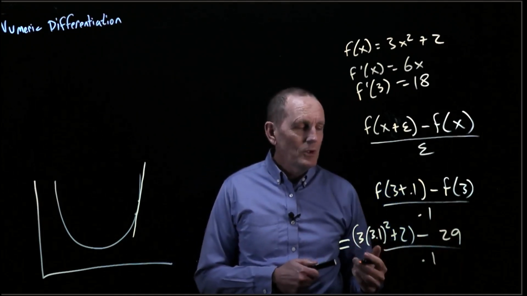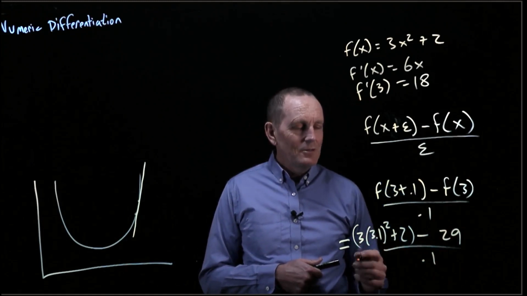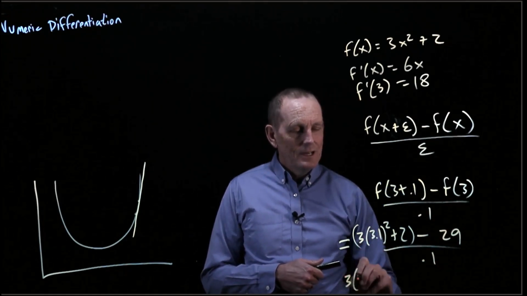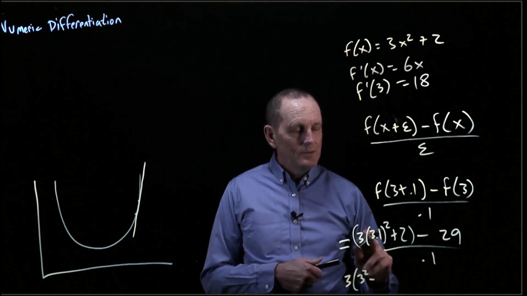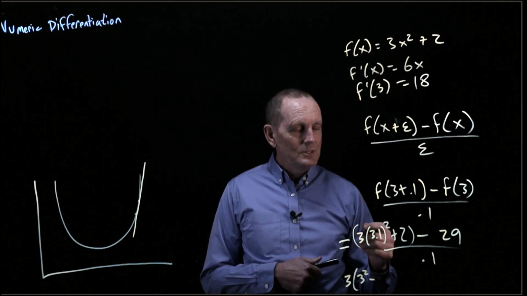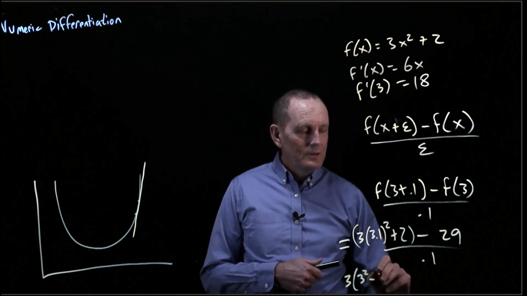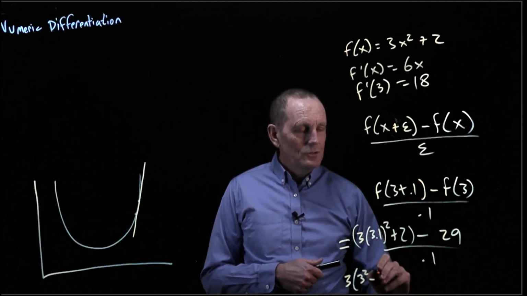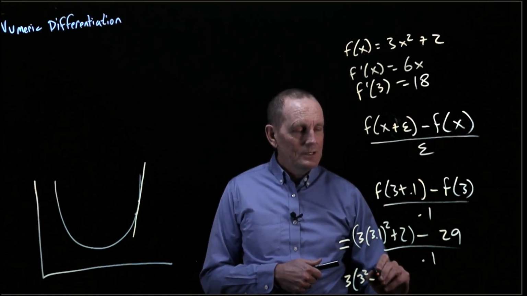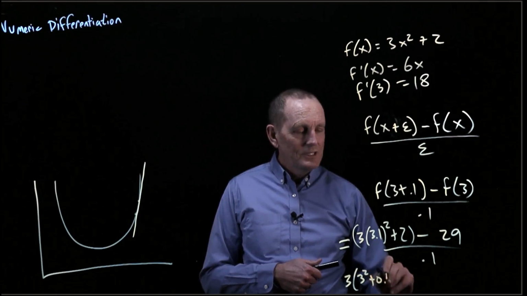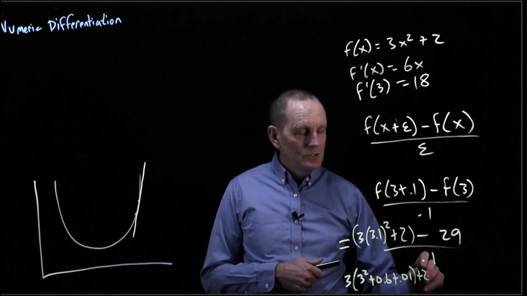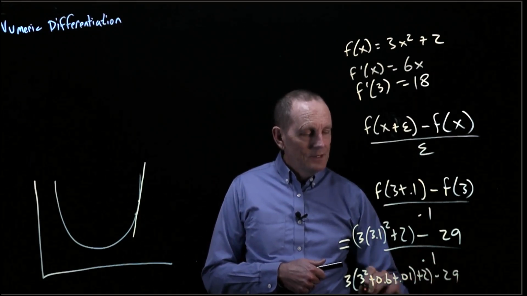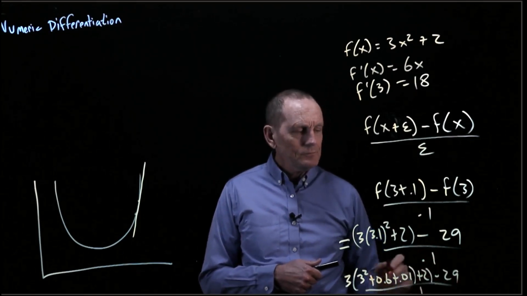Let's figure 3.1 squared: it's 3 squared plus 2 times 3 times 0.1, which is 0.6, plus 0.1 squared, so 0.01. Plus 2 minus 29 over 0.1.